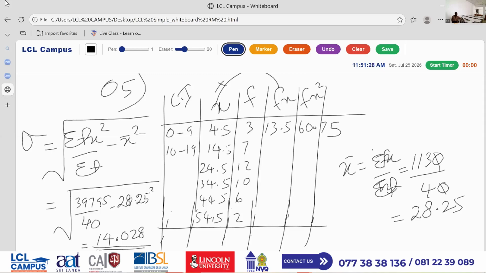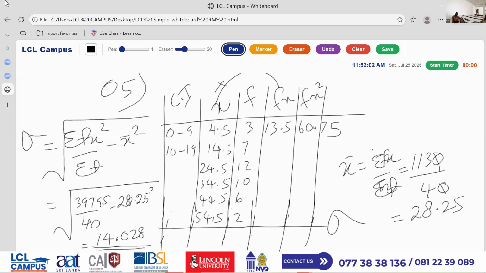Press AC again, then shift 1 and take the standard deviation symbol, number 2, equals. It gives 12 point something, but we got 14 point something. X bar is correct, the same answer.